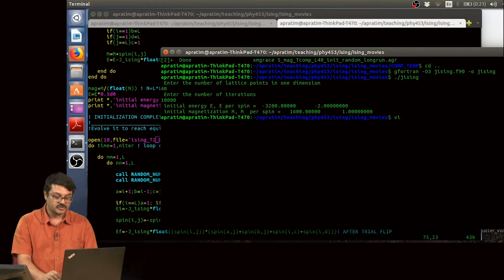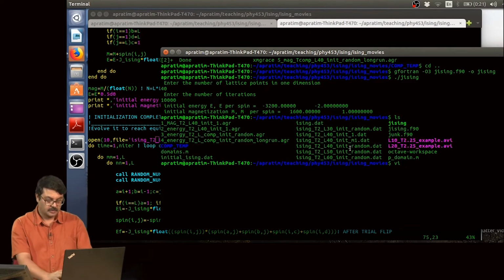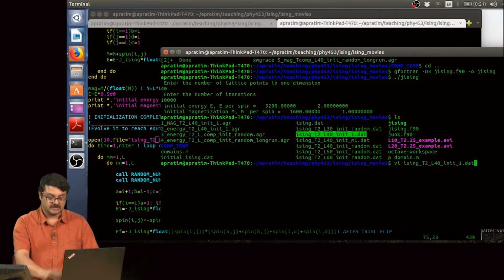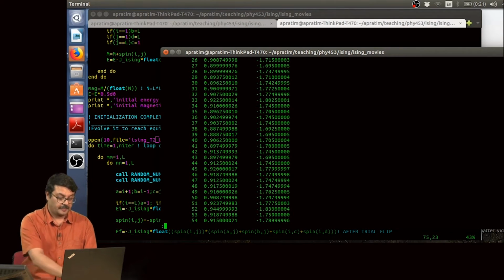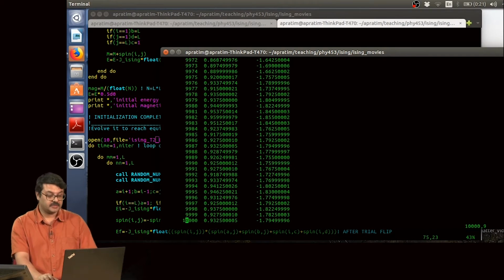The data has been stored in Ising T2 L40. Here is the number of Monte Carlo steps, 1, 2, 3, 4, and it goes up to 10,000. The second column stores the magnetization per spin, and this is the value of energy per spin.